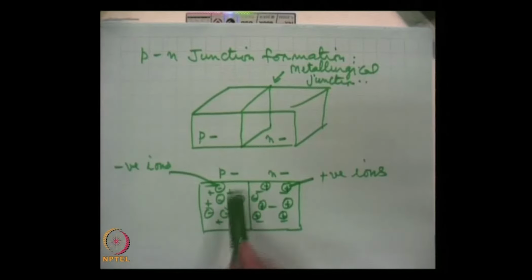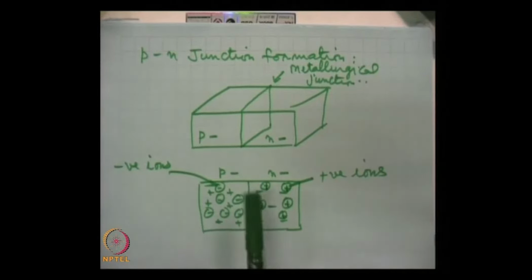Obviously, on the p side the density of holes is high, on the n side the density of electrons is high. For the time being we are ignoring electrons in the p region, which are there in the minority, and here the holes are in minority. We will talk about them a little later wherever that is required.